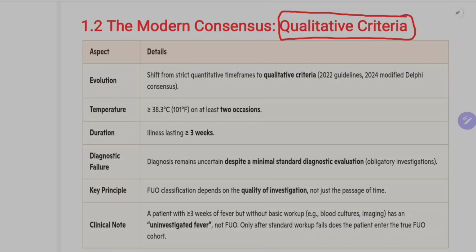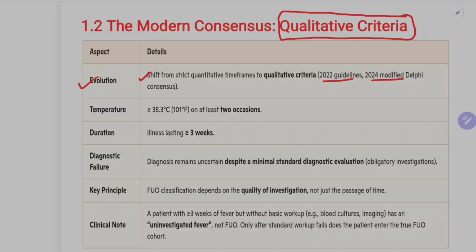This is based purely on modern investigations, because as many years have passed, diagnostics have evolved. So it is based more on investigations. Evolution: there is a shift from strict quantitative time frames to qualitative criteria. 2022 guidelines, 2024 modified Delphi consensus.